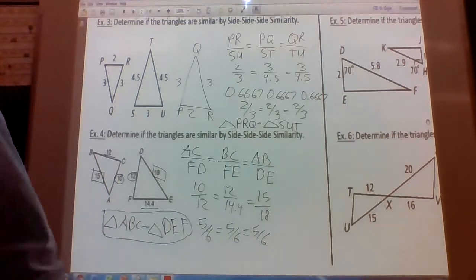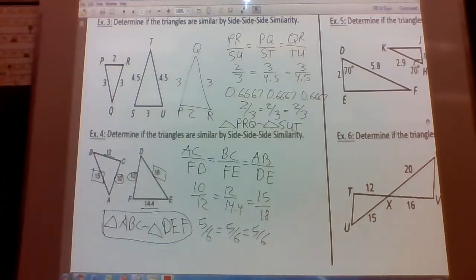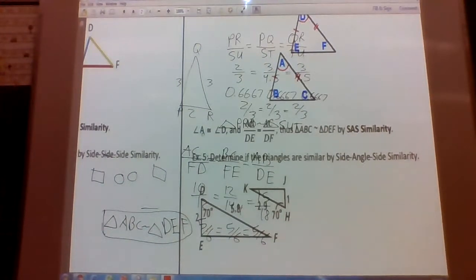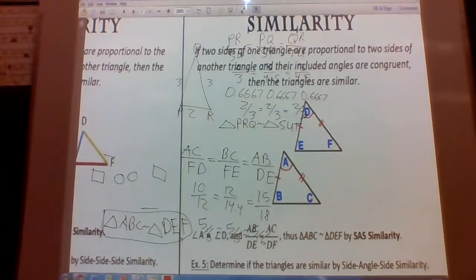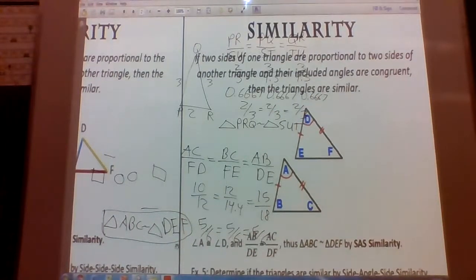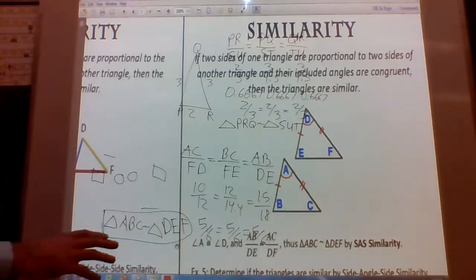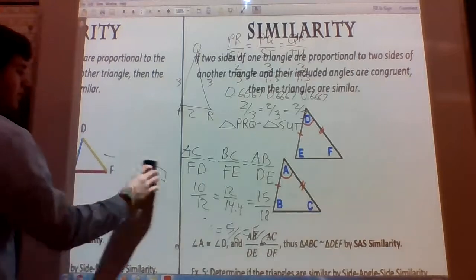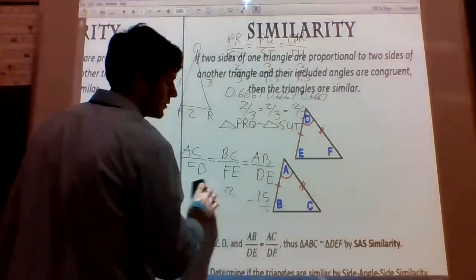So far we have angle similarity criterion, which tells us if we have two pairs of congruent angles, then the triangles are similar.